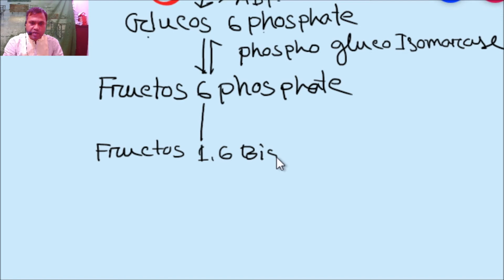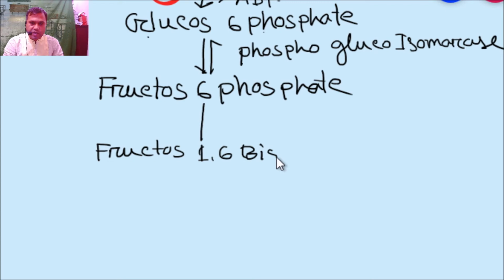The difference is that the aldehyde turns into an acid. When the aldehyde turns into an acid, NAD turns into NADH plus H+. Also, 3-phospho turns into 1,3-bisphospho, which means a phosphate is needed.